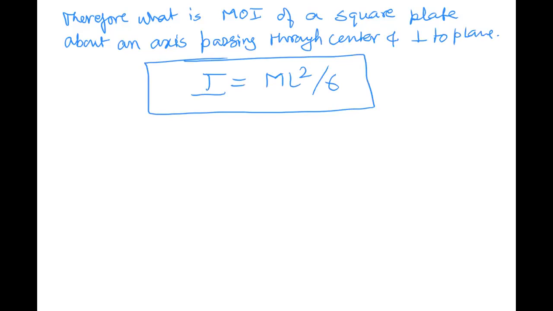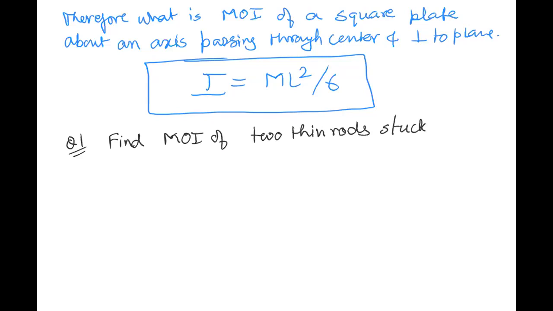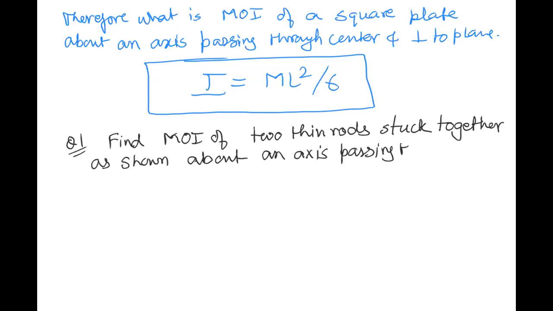Okay. Just one question. Find the moment of inertia of two thin rods stuck together as shown, about an axis passing through the center of mass and perpendicular to the plane of the rods.